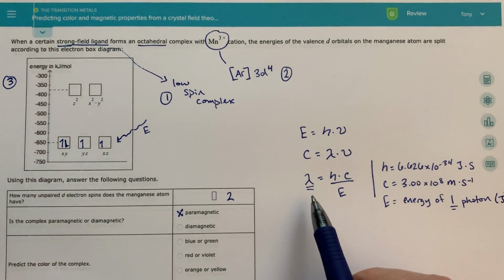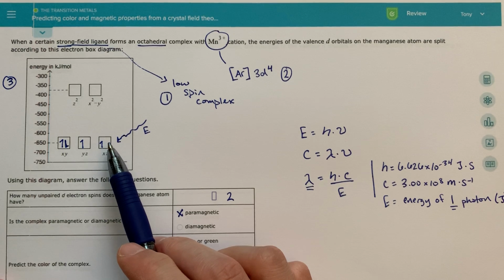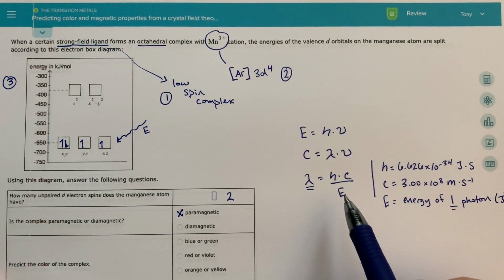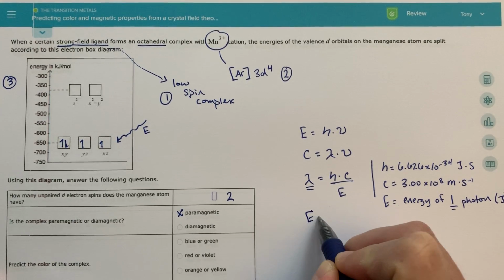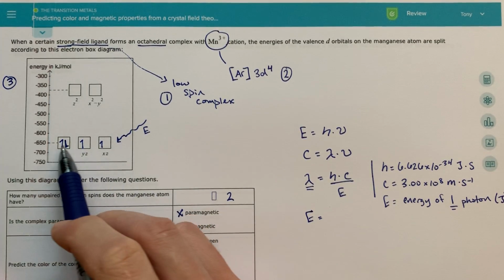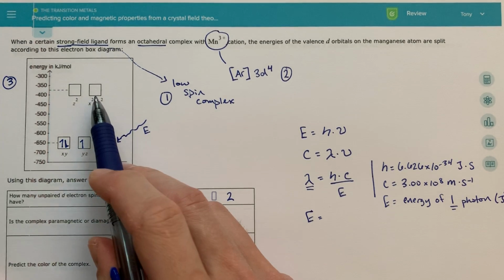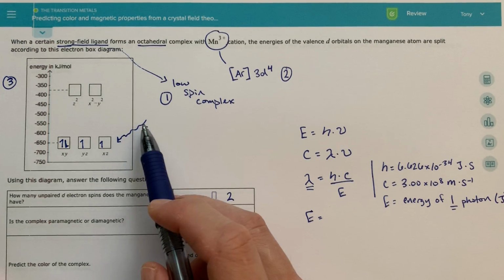To solve for the wavelength of light that this electron is going to absorb, we just need to apply this equation, but first we need to figure out the energy of that photon. If you think about conservation of energy, the distance this electron is going to jump up is equal to the energy of the photon it's absorbing.